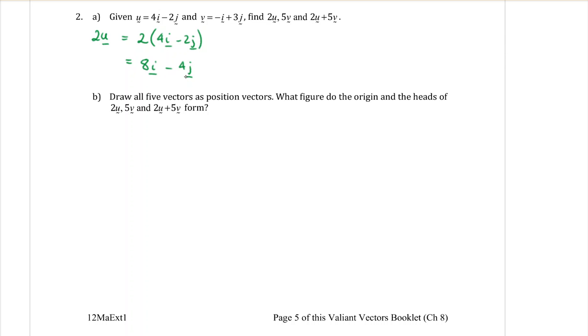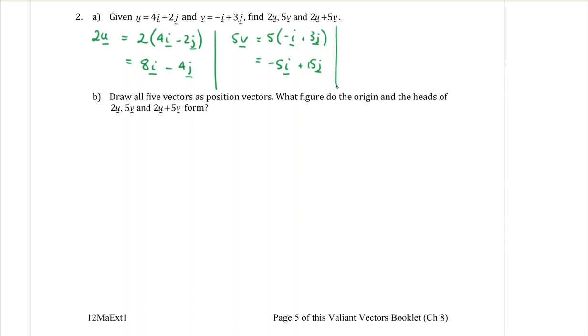Makes sense, doesn't it? Then it's easy enough to do 5v. We're going to be multiplying everything through by 5. Vector v was minus i plus 3j, so expand it through: minus 5i and plus 15j.